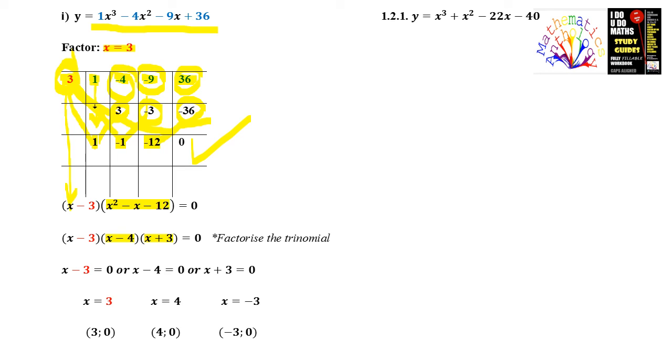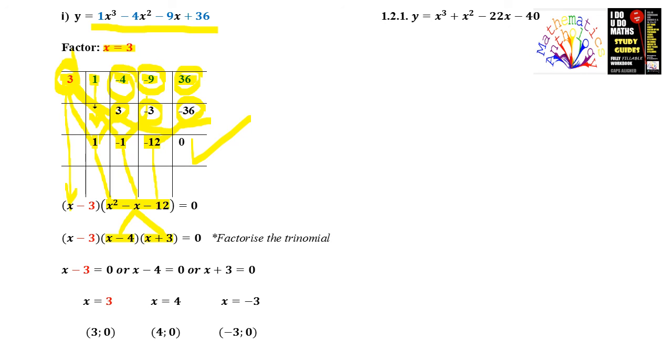So this 1 becomes 1x squared, this negative 1 becomes negative x, and this negative 12 is now your constant for your quadratic equation. The next step is to factorize your trinomial here, or your quadratic equation. You can use the cross method. You are going to get your two factors here, x minus 4 and x plus 3.